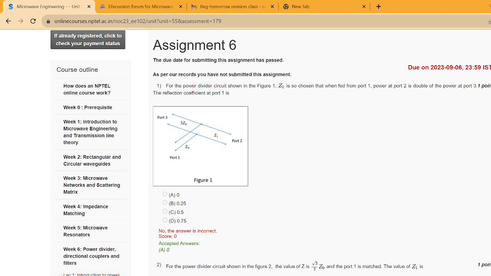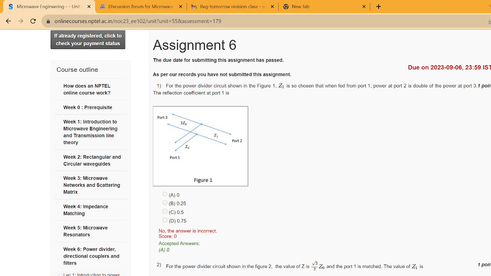If you remember the previous derivations, you can refer to that. So it is half V square by Z1. Then you have P3, power at port 3, which is half V square by 3Z0. Okay, so 3Z0 is the impedance at port 3.